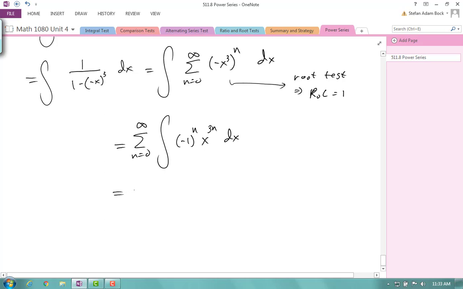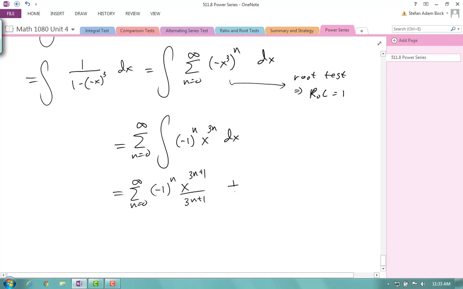And when I integrate that, I'm going to have, let's see, negative 1 to the n times x to the 3n plus 1 divided by 3n plus 1.